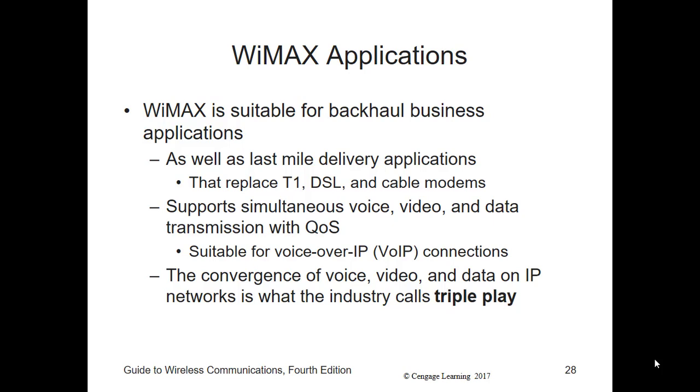Now, WiMAX enables vendors to create many different types of products, including various configurations of base stations and customer premise equipment, which are the devices installed at the office or the home. In addition to supporting point-to-point and multipoint applications, WiMAX can be deployed as a point-to-point network to provide broadband access to remote and rural areas.